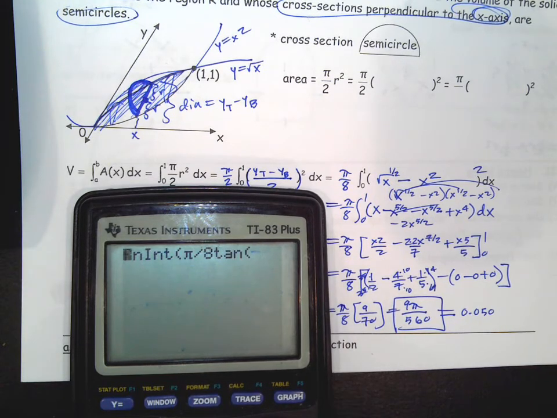I might put it in front. But if you do it on your calculator, I wouldn't bother with all the FOILing. It's going to be square root of x minus x squared, close, comma x, comma 0, comma 1, and this should do it.